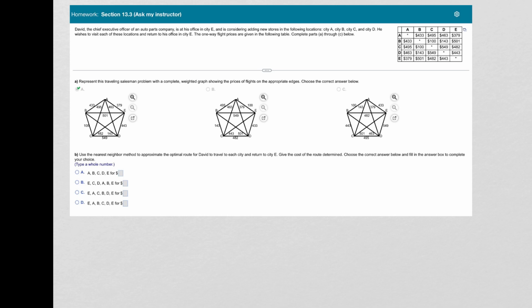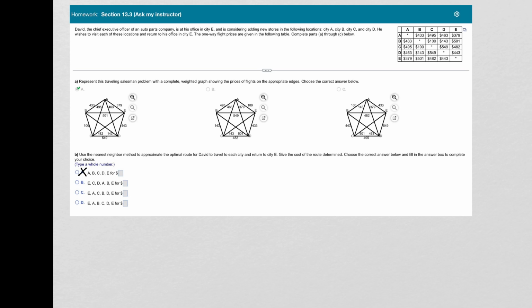Maybe it's the best, but maybe not. So we need to start in City E. So A is definitely incorrect. Can eliminate that immediately. And we need to see what the least expensive route is going to be.